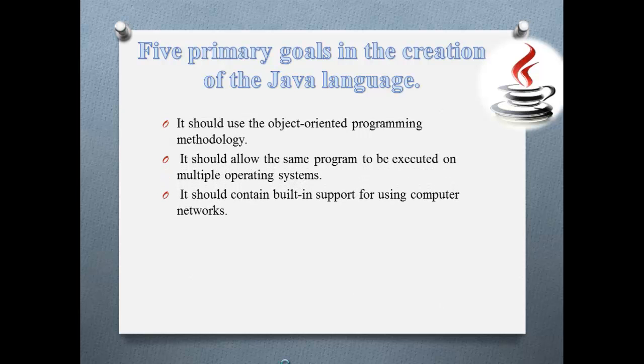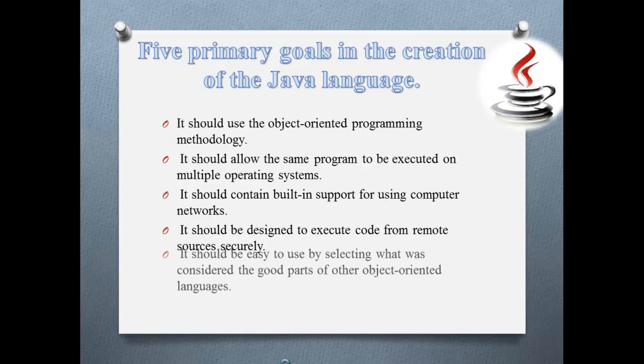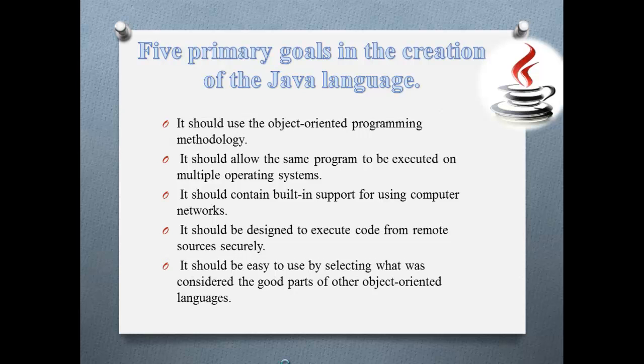It should contain built-in support for using computer networks. It should be designed to execute code from remote sources securely. It should be easy to use by selecting what was considered the good parts of the other object-oriented languages.